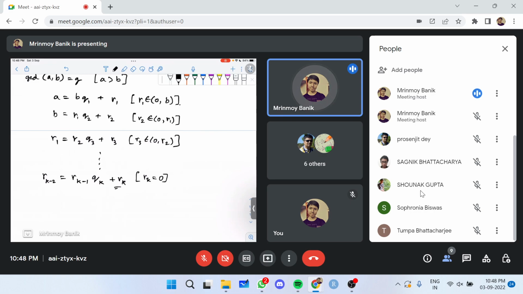So this is basically just Rk minus 2 is equal to Rk minus 1 times Qk. So then you say Rk minus 1 is the required GCD.